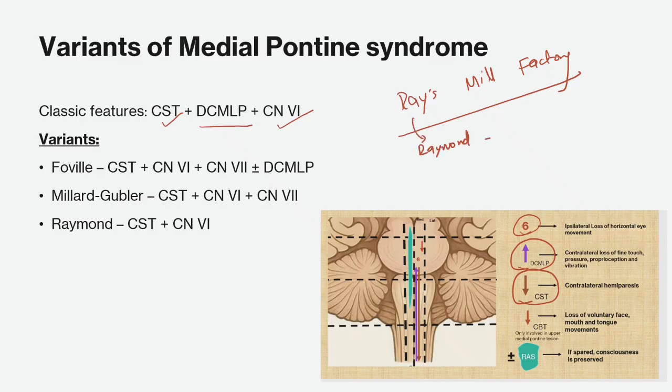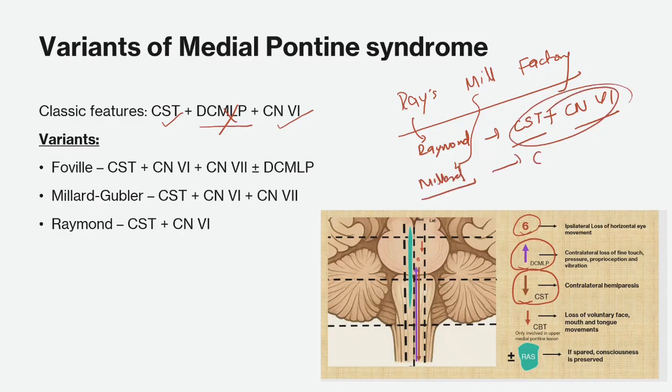In Raymond syndrome we cut the dorsal column medial lemniscal pathway, and hence we only have involvement of the corticospinal tract and cranial nerve 6 nucleus. Then M stands for Millard-Gubler syndrome, where after the corticospinal tract and cranial nerve number 6 we add cranial nerve number 7.